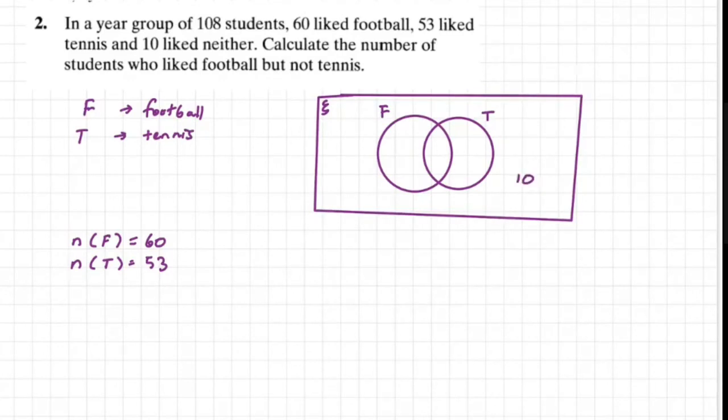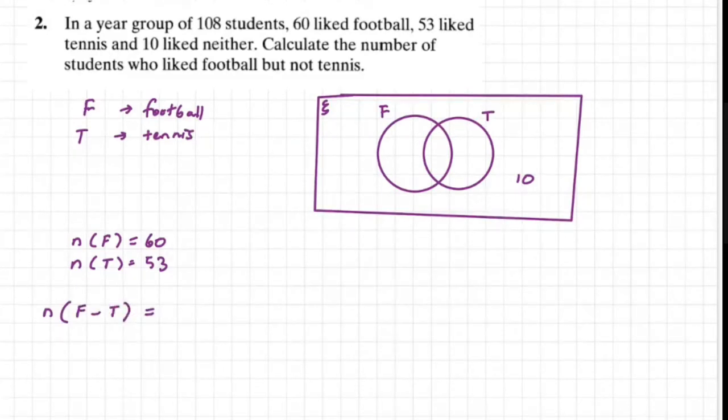Now calculate the number of students who like football but not tennis. So you have to find the area here, only like football but not tennis. Find the number of elements of F minus T.